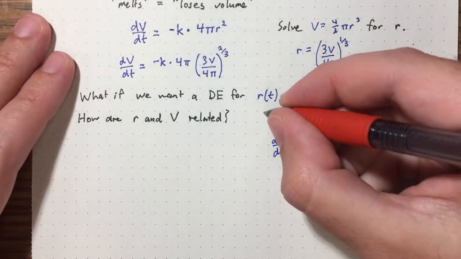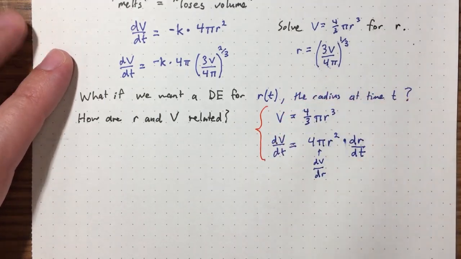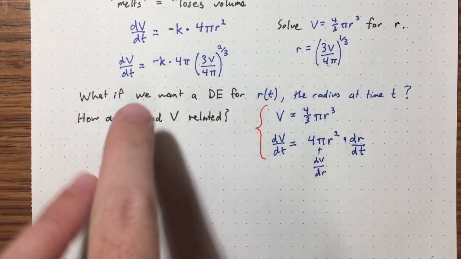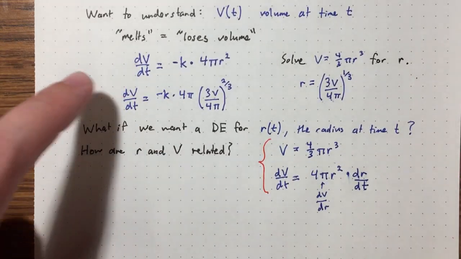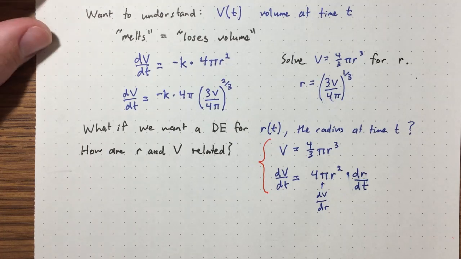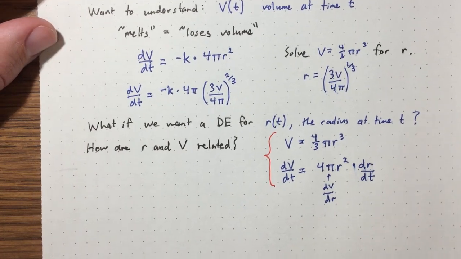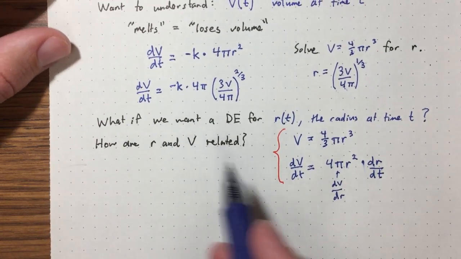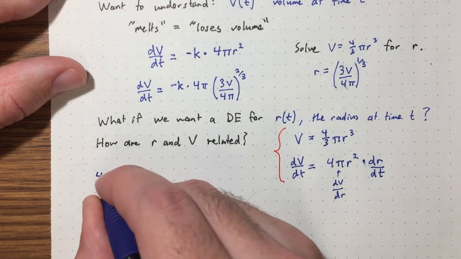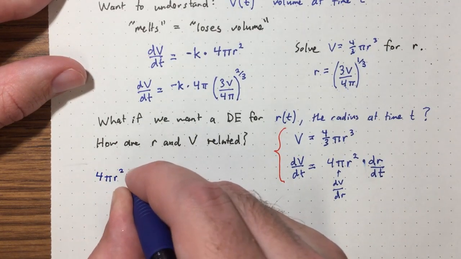Okay, so now we're going to take both of these and just do some algebra. We're just going to plug those in; I guess we could do either one of these equations. dV/dt is what? 4 pi r squared times dr dt.